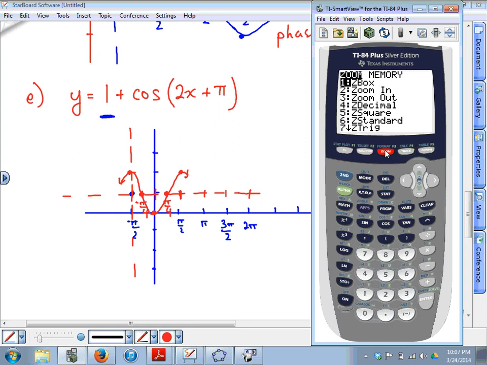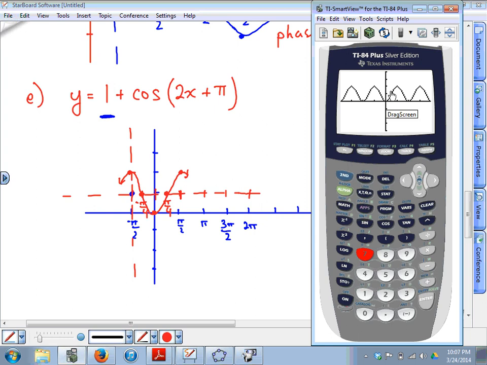So if you hit the zoom button, notice the 7th option is zoom specific to trig functions. So I'm going to hit option 7. Now it graphs a number of cycles, but most importantly, there's a point here, 0, 0, it comes up.